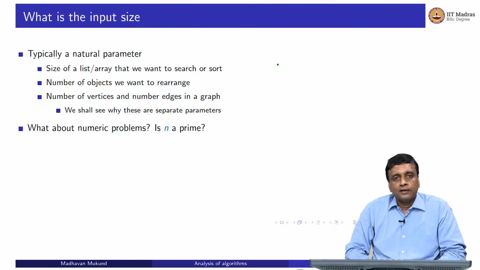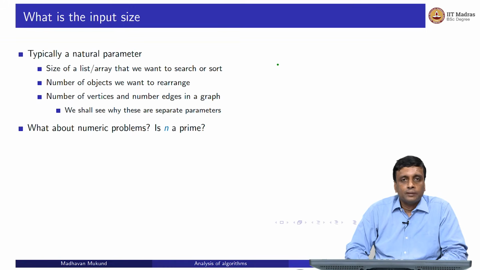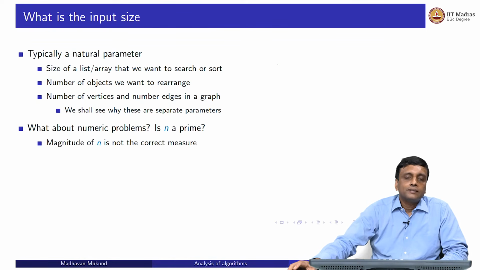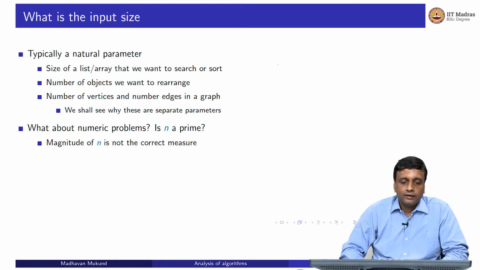Another very typical class of problems that we are interested in when computing is problems about numbers. The most famous such question would be to identify whether a number is prime or not, right? So given n, is n a prime? So how should we measure the complexity of an algorithm which claims to determine whether n is a prime? Should it be something proportional to the value of n, right?